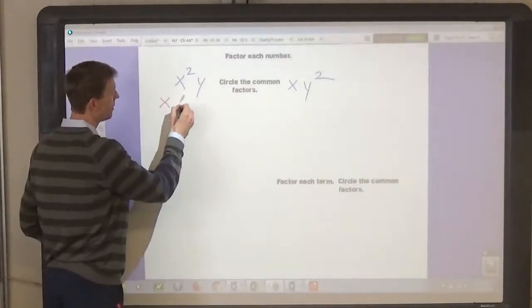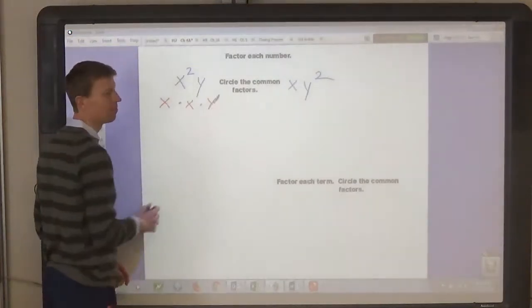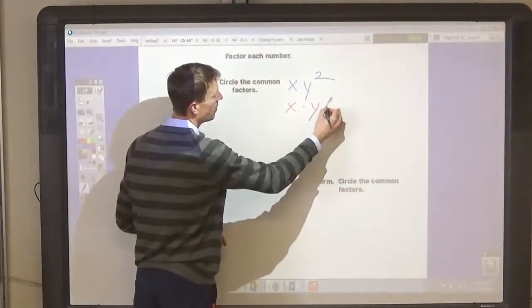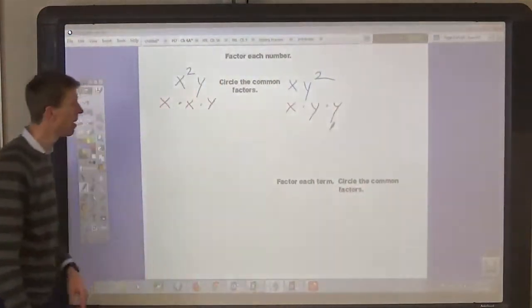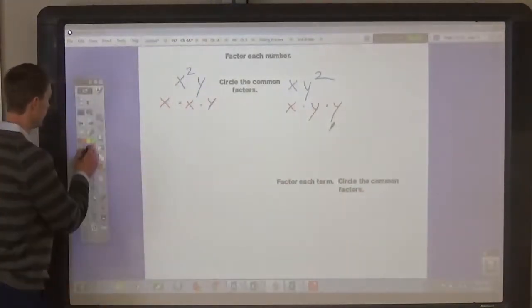So x times x times y, right? And this is x times y times y. So you write it out in expanded form, and then you just, again, circle the common factors.